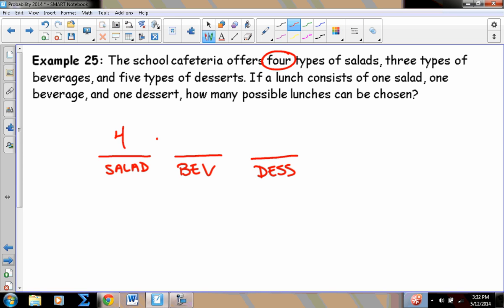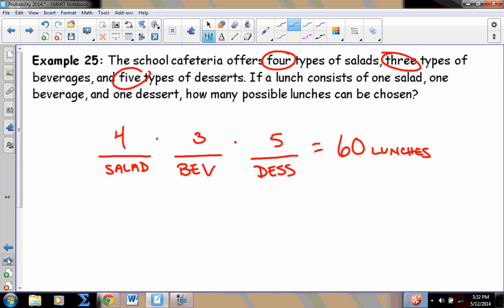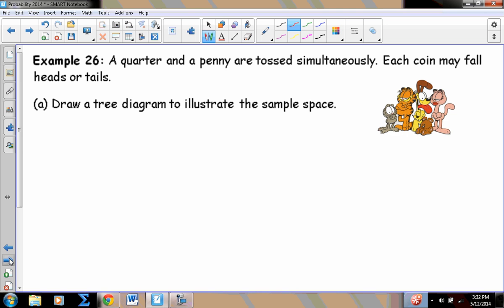How many choices do we have for beverages? 3. How many choices for desserts? 5. So 4 times 3 is 12, times 5. There are 60 different lunches you could have, where you have a salad, a beverage, and a dessert. Which is, by the way, a lot faster than drawing a tree diagram with 60 different branches, okay?